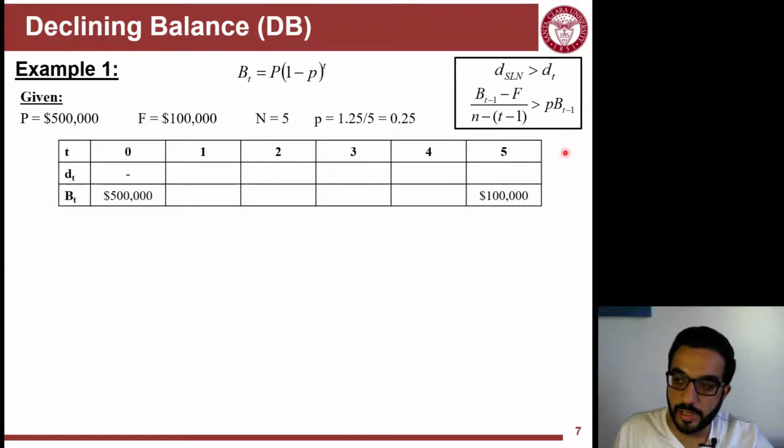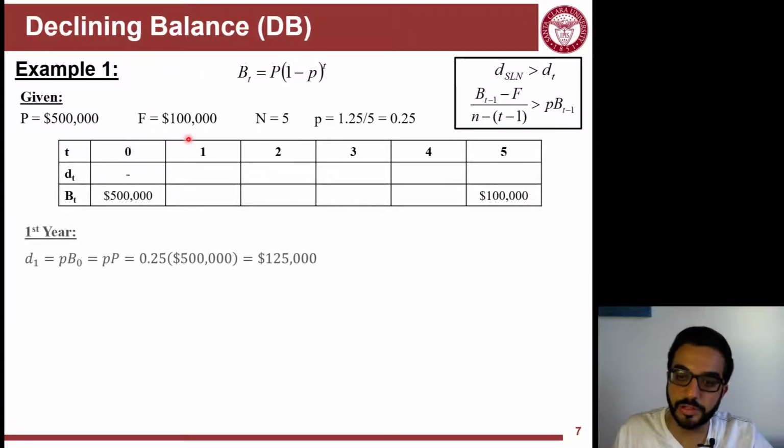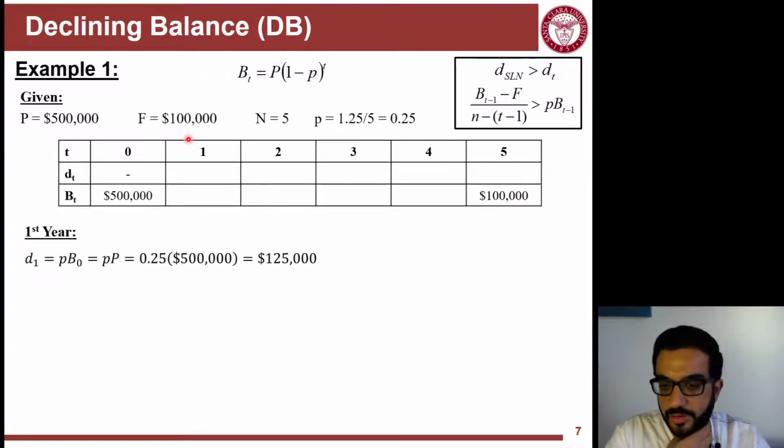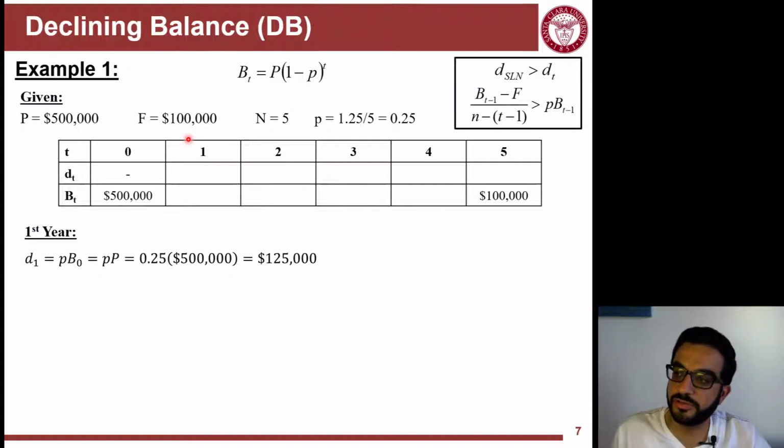So my goal is to fill this table, figure out the depreciation amount and the book value for every year. And my goal is also to end up with the book value at the end of the 5th year equal to the salvage value of 100,000. So starting with the first year here, I will calculate first D1, which follows this formula here.